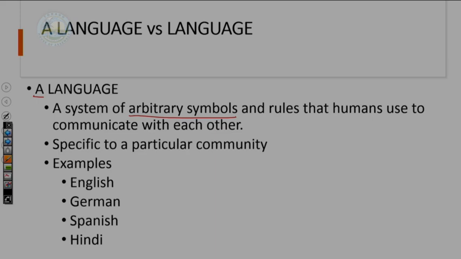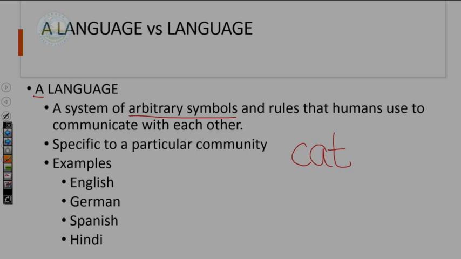For example, when you write the letter A, or if we say specifically the symbols that make up the word cat, these letters or symbols that make up the word cat do not in any way look like an actual cat. This is what we mean when we say they're arbitrary symbols. The symbols that are used within our language do not necessarily look like what we're talking about.